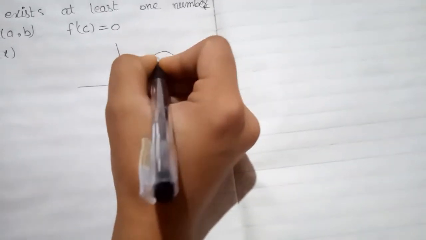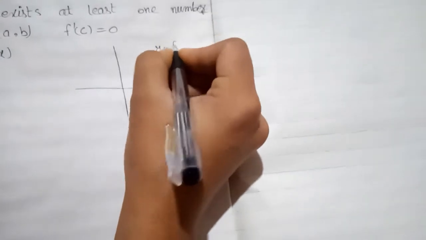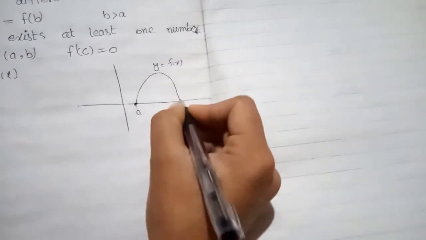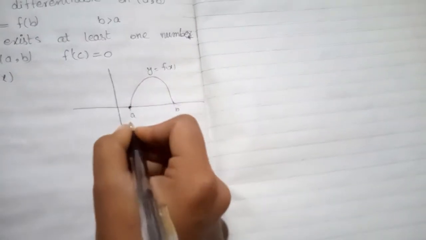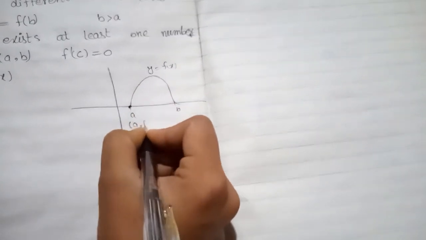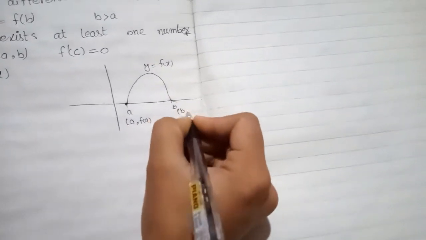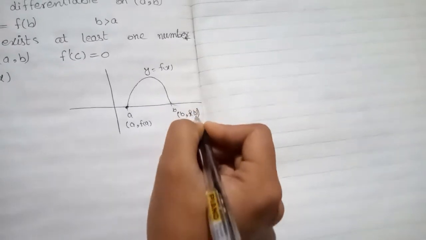According to these conditions, the graph of the function is like this, where the curve is y equals f(x). Let's suppose the endpoints are a and b, so the points are (a, f(a)) and (b, f(b)).